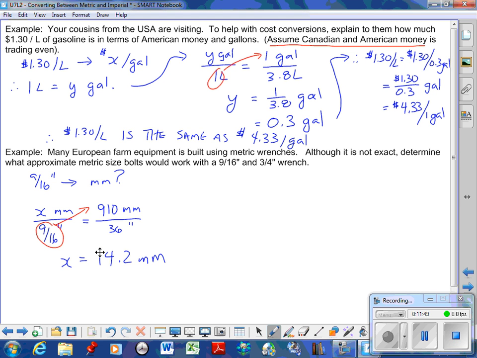Now, in all honesty, if you look in the tool set, I don't know how many of you have actually used the metric tool set before. There's no 14.2 millimeter wrench. I believe there's a 15 millimeter wrench. So therefore, you need to use the 15 millimeter wrench. It'll be close. It'll be sloppy.